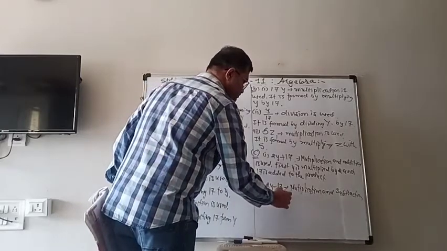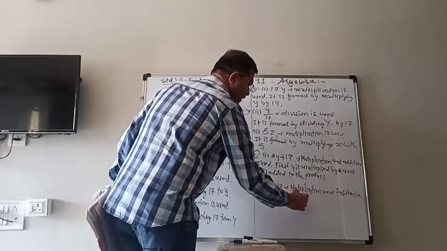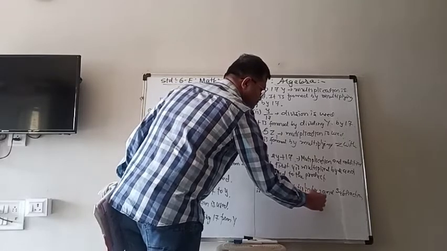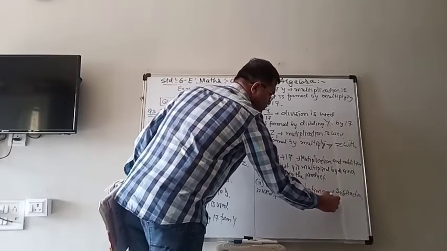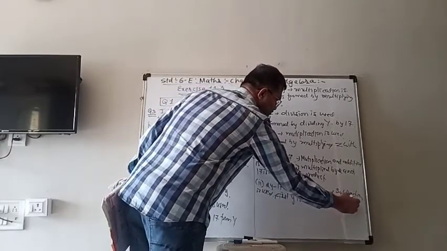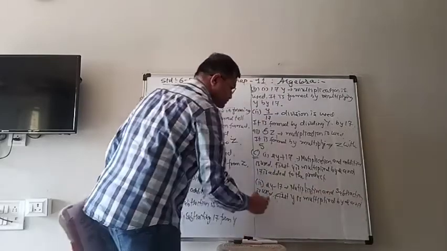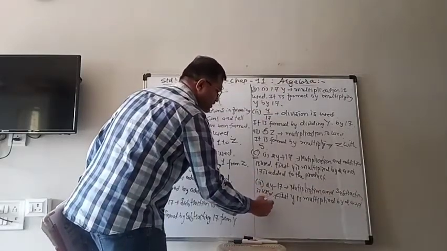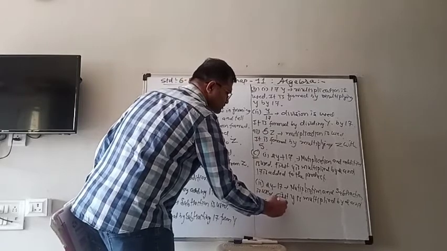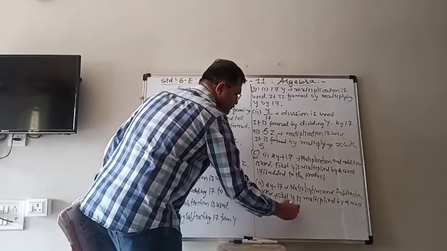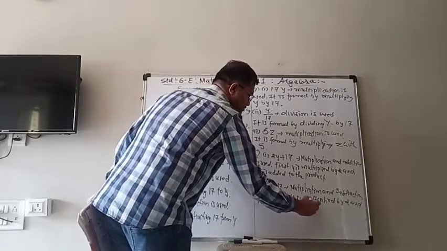First y is multiplied by 2 and 17 is subtracted from the product.